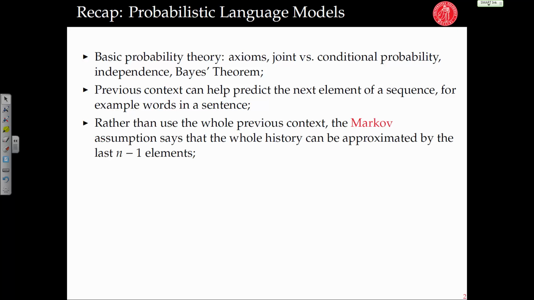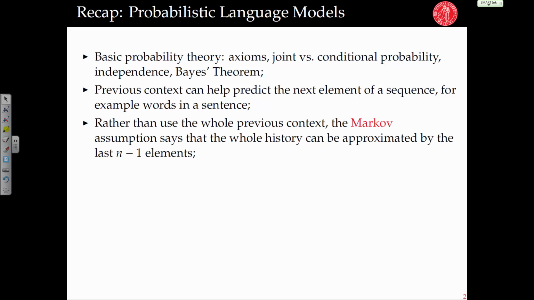Of course, as we looked closer at this, we realized that accounting for the full context, the full history, could be problematic, not least because language is very creative. So there are certainly new sentences that will be said that we are sure have never been said before. They are fully grammatical sentences.